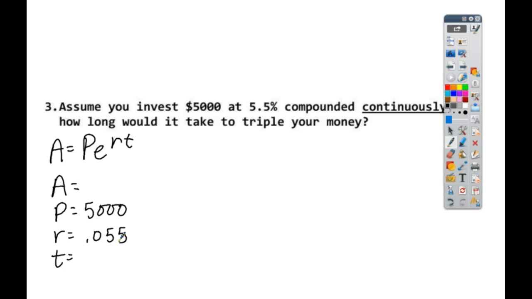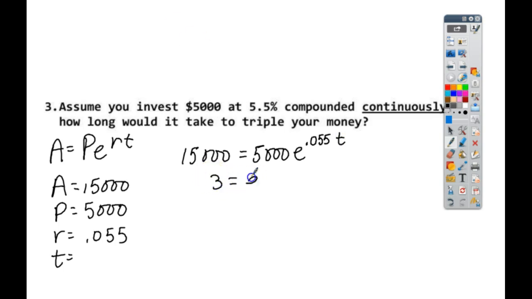Okay, so what else do I know? What is the A? Because it's triple. So if I fill this in, if I divide, I'm going to have 3 equals e to the 0.055t.